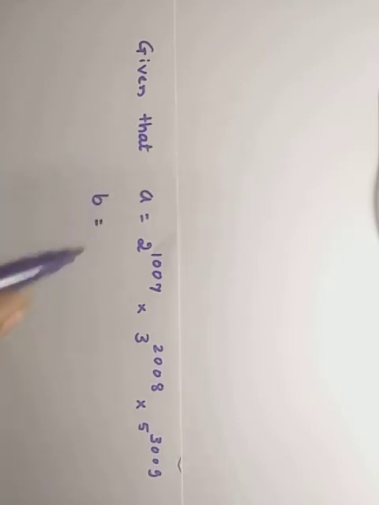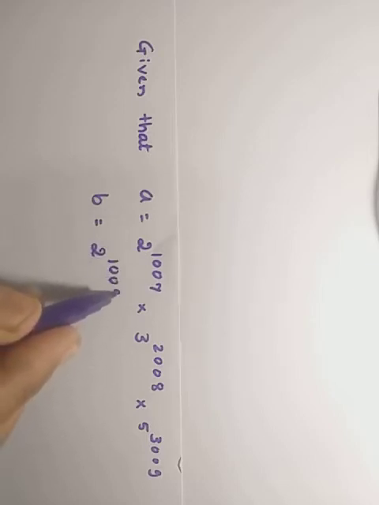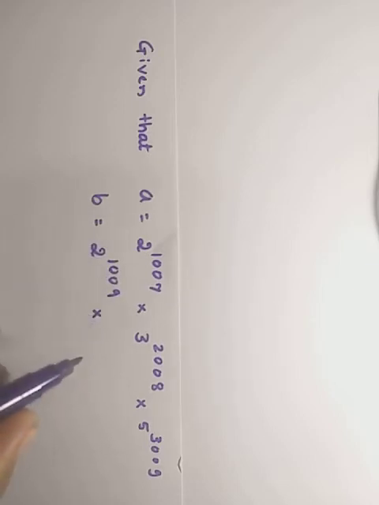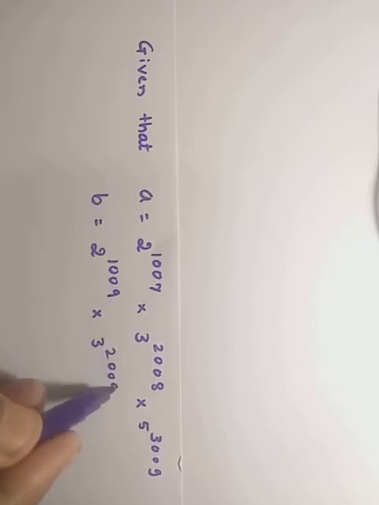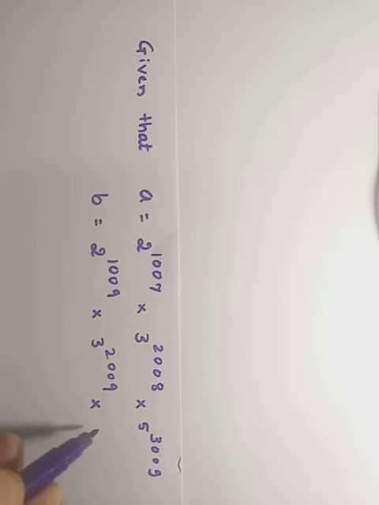B is equal to 2 to the power 1009 into 3 to the power 2009 into 5 to the power 3008.